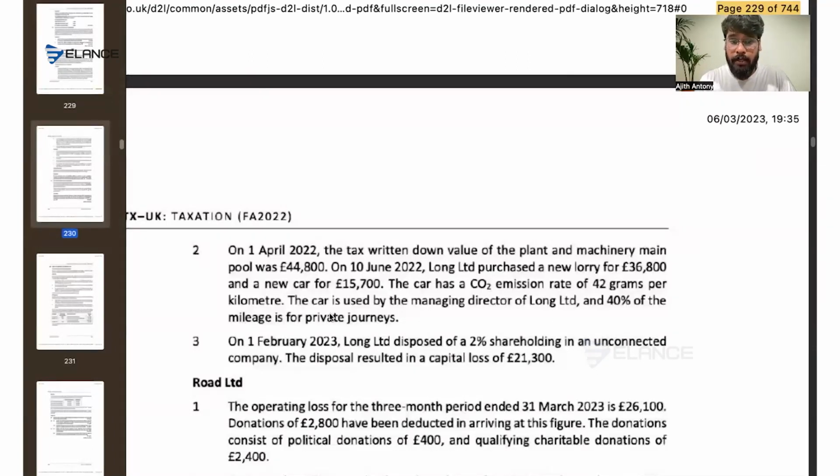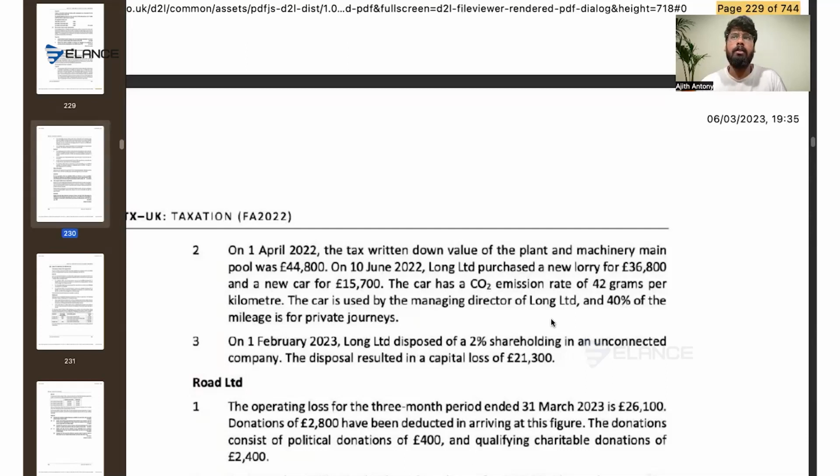And here they have mentioned the car is used by a managing director of Long Limited, and 40% of the mileage is for private journeys. So while we are computing the capital allowance of companies, there's no private use asset. Because if any employee is using any asset privately, we don't need to make an additional private use asset pool.